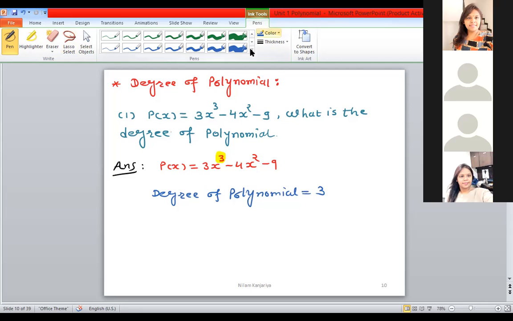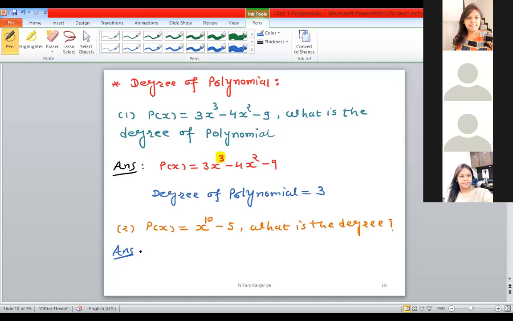Now the second question, look at your screen, all students please. Look, in the second question you also have to find the degree. I give you one polynomial. What is the degree? 10. All understand? Yes, ma'am. Okay.